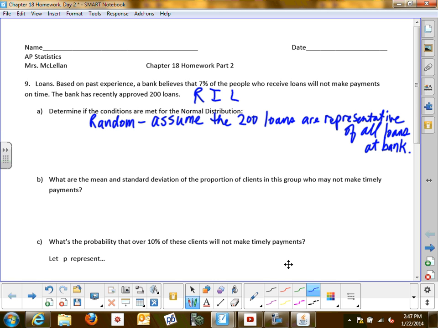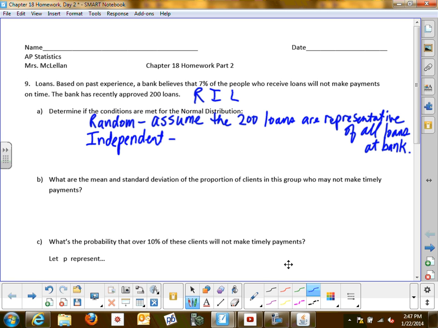Okay, what's the condition I remind you of? Independent. Okay. So, we're seeing if the rate of the faulty loans, or people that default on their loan, is 7% of 200, that's overall. Is one set of 200 going to be about the same as the other set of 200 as far as the rate of default?